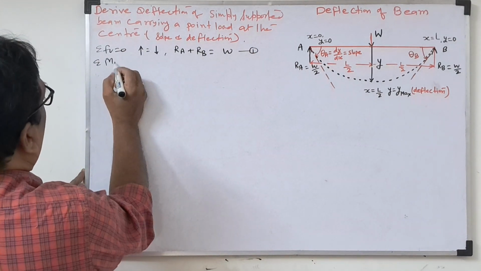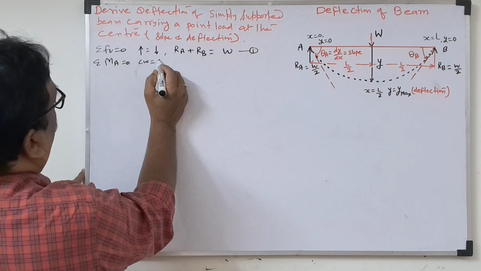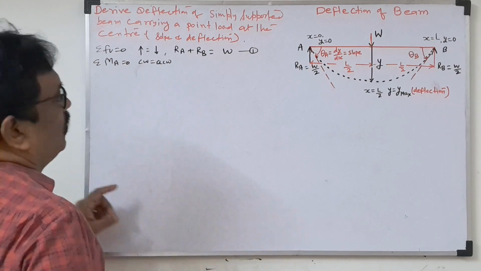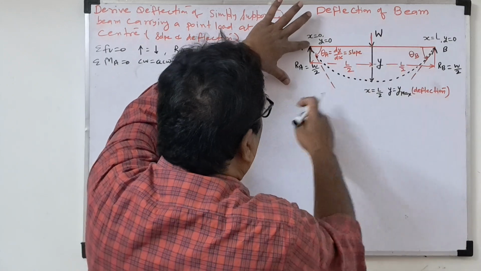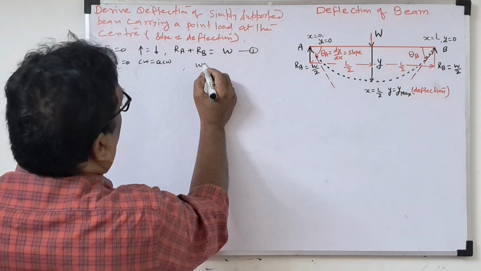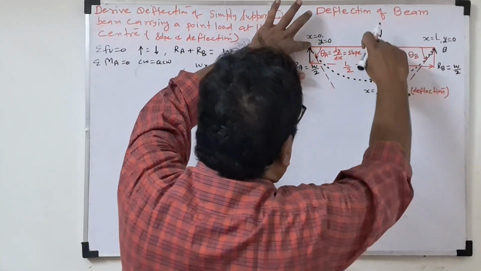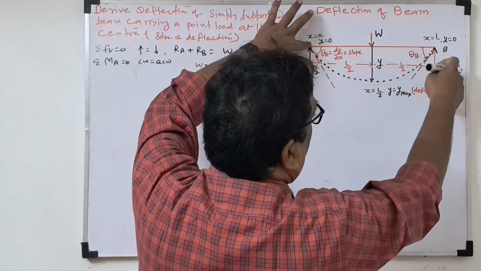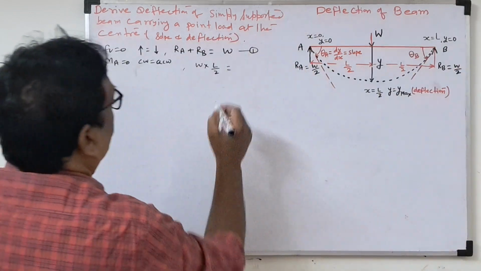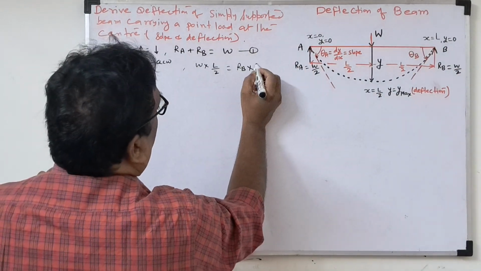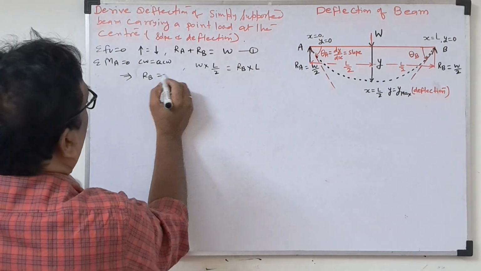Then we will take moment about A equal to 0, that means total clockwise moment equals total anti-clockwise moment. Taking moment about A, W into L by 2 is the clockwise moment. The other force, RB upward, gives an anti-clockwise moment, RB into L. So L gets cancelled and RB is equal to W by 2.